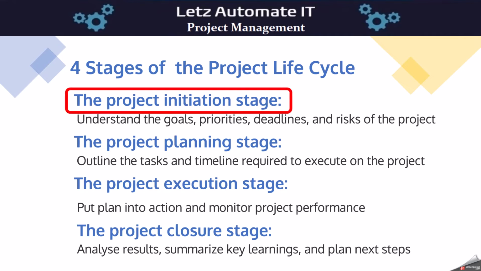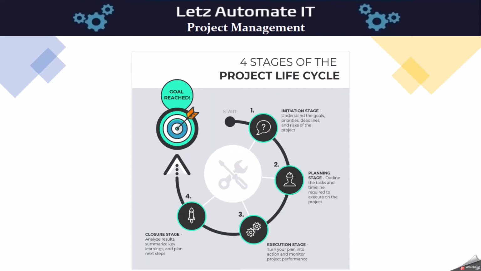In this video we're going to be focusing specifically on the initiation stage, and here we have the representation of those 4 stages again. So once again, the initiation stage, the planning stage, the execution stage, and finally the closure stage.